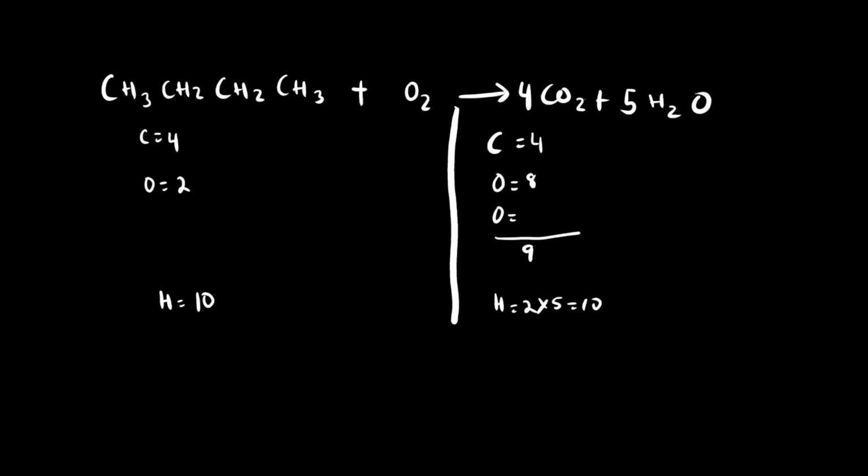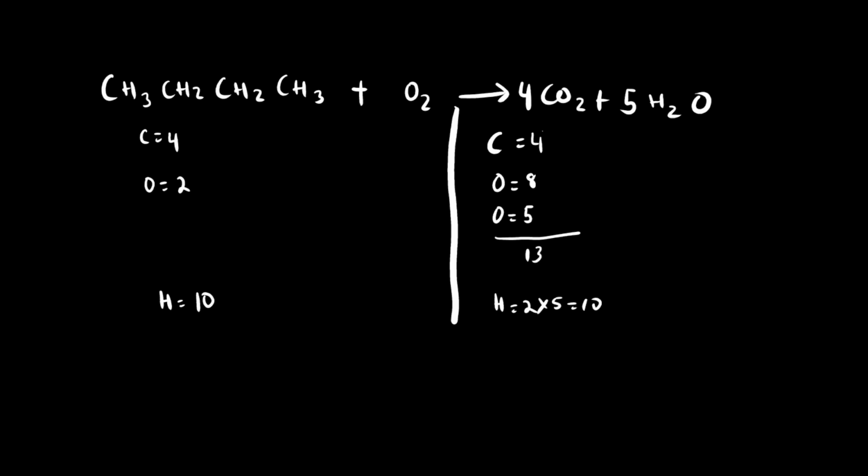So now we have 10 hydrogen on the right and 5 oxygen as part of the water. So total we have 13 oxygen on the right.